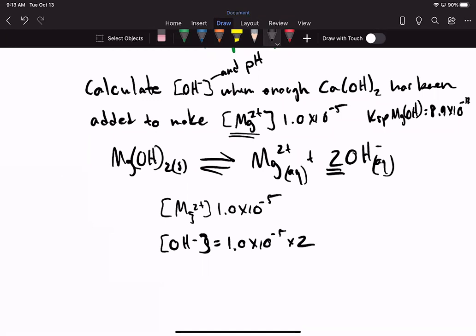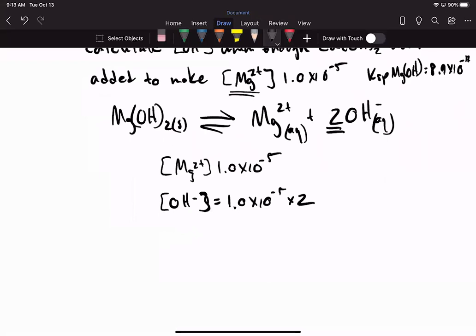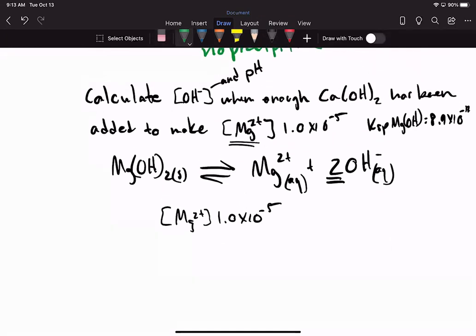Let me try something real quick, because I do have the KSP value. Let me make sure I'm reading this correctly. Calculate the OH when enough calcium hydroxide has been added to make that.